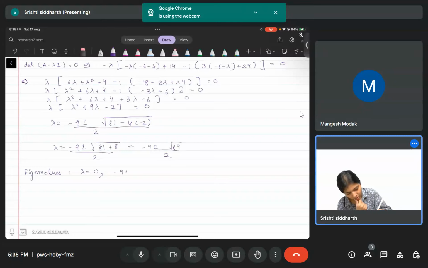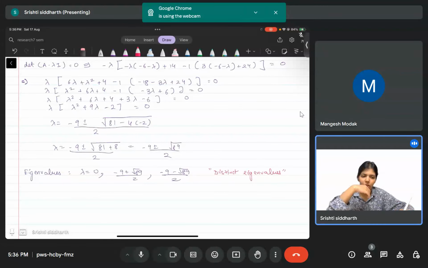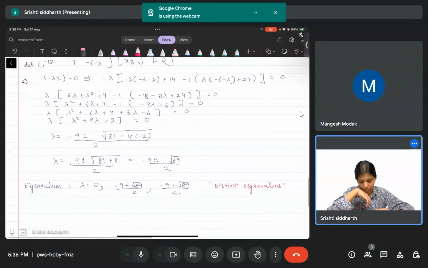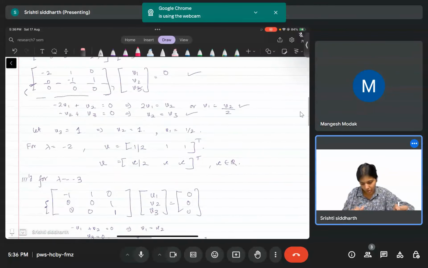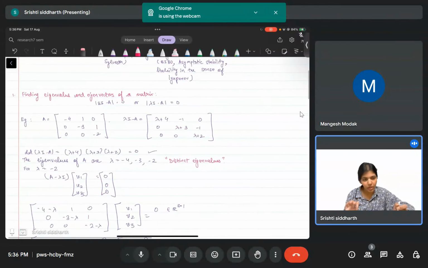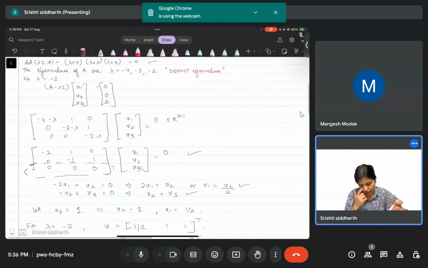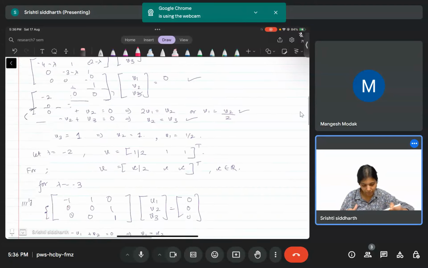Here we have distinct eigenvalues, and we find the corresponding eigenvectors by the method that was just discussed in this example. So we have already seen an example of a 3 by 3 matrix and looked at how to find the vector v1, v2, v3.